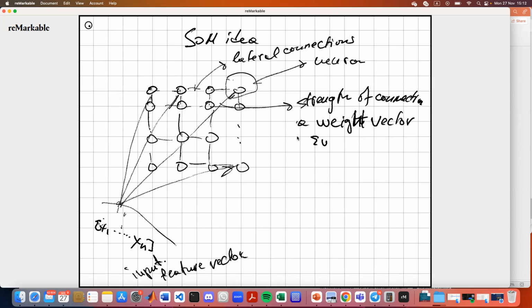And this is important: the dimensionality of the weight vector corresponds to the dimensionality of the input.